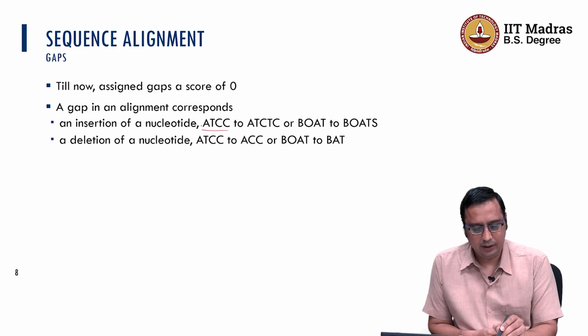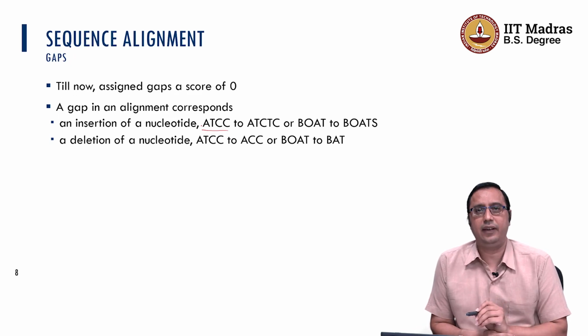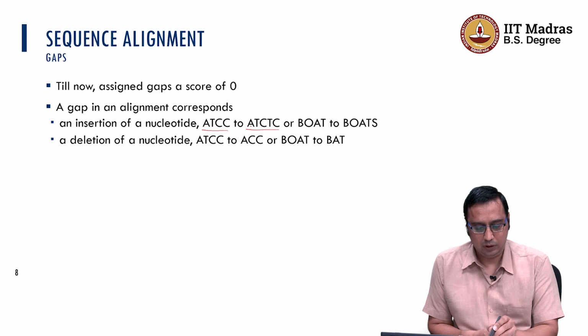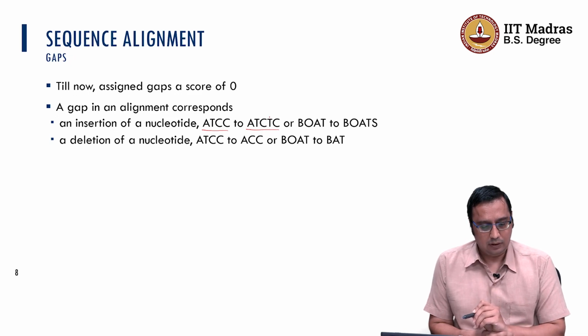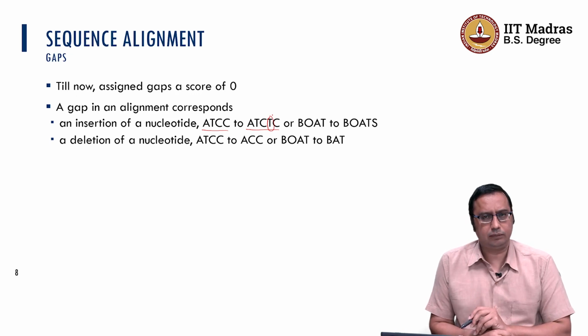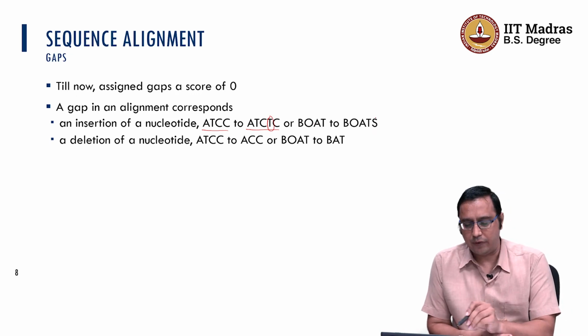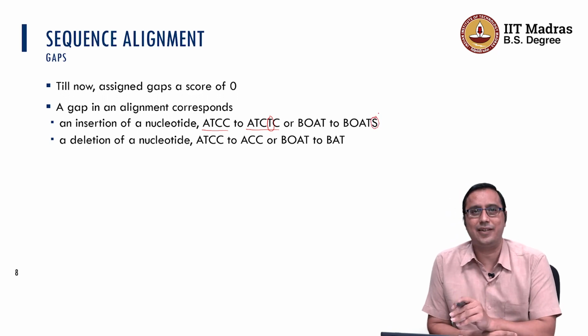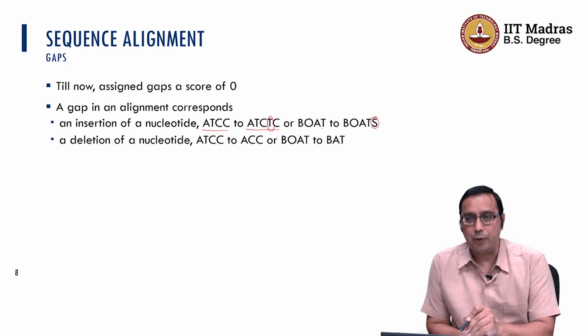I have this sequence ATCC. Instead of that, I have ATCTC. So there is a new insertion here. Or, in a simple example of boat versus boats, the S is an inserted letter, which when I try to align these two creates a gap.